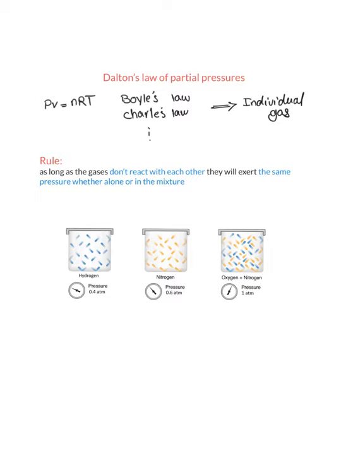Now, to find the total pressure after mixing them together, we can simply add 0.4 atmosphere from oxygen with 0.6 atmosphere from nitrogen, which gives us overall 1 atmosphere. So the total pressure would be 1 atmosphere, and this is Dalton's law.